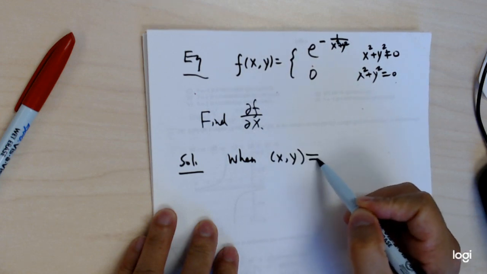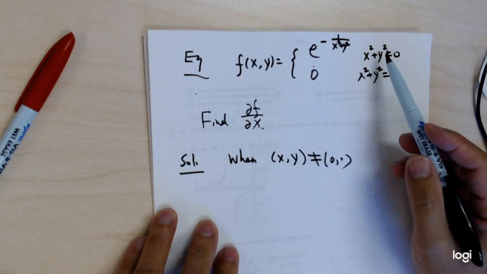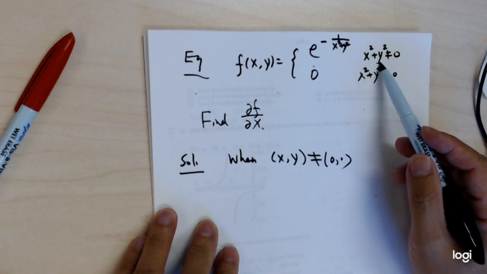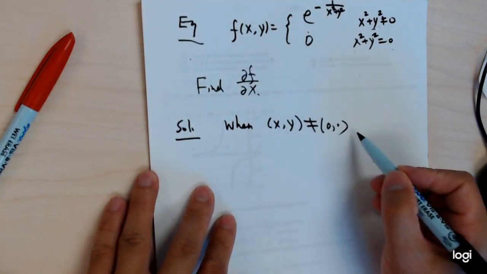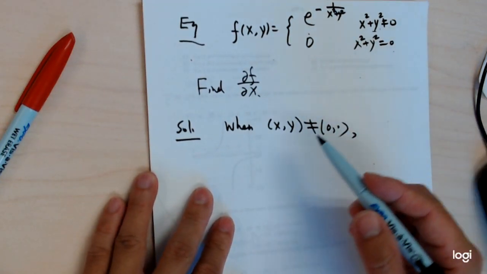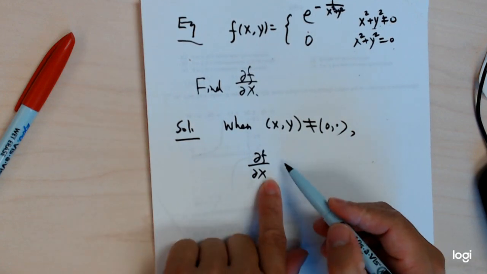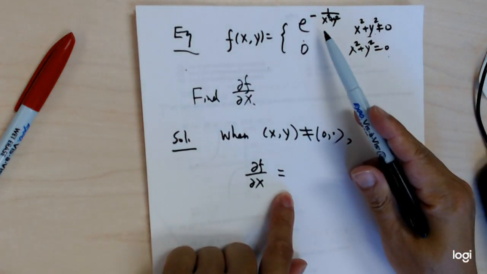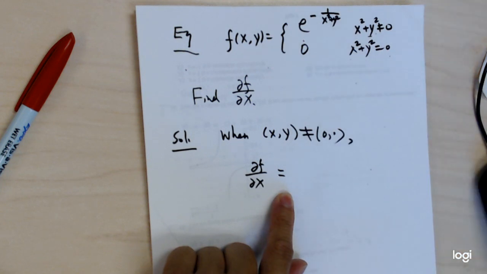When x and y are away from the origin, this condition is equivalent to x squared plus y squared not being 0. So away from the origin, the partial derivative with respect to x is, with a quick chain rule here, as follows.